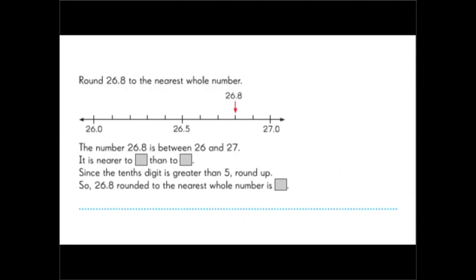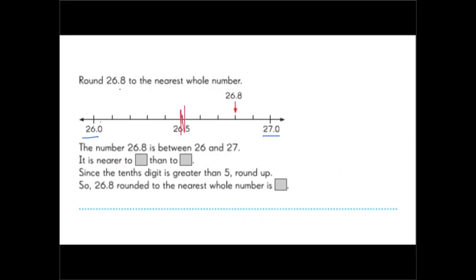In this example, I want you to do it by yourself. The question says round 26.8 to the nearest whole number. Now that you've given your answer, watch as I explain it. 26.8 or 26 and 8/10 is between the whole number 26 and 27. Let's mark off 26.5 because that will help us determine if we round up or round down. The number 26 and 8/10 is between 26 and 27.